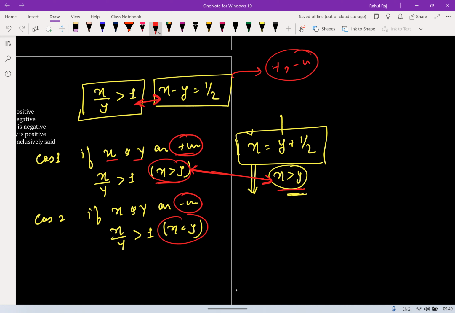What I understand from option number 2 is that irrespective of the value you take, x is always greater than y, only then option number 2 will be sufficing. And in option number 1, we had x greater than y, x less than y also. But when you try to take common values for which both conditions will suffice, it is only possible when x and y are positive, because x greater than y is the common value, and for x greater than y, x and y are positive.